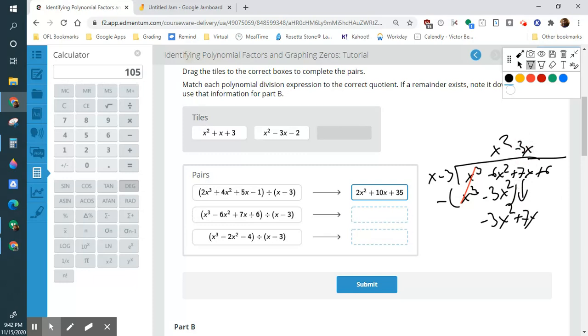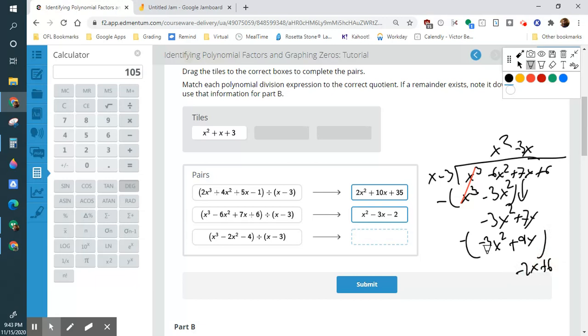So right off the bat, I know that my answer is going to be this one because it's multiple choice, but we still need to figure out the remainder. So this becomes negative 3x squared. Negative times a negative is a positive 9x. Subtract it out, I get negative 2x plus 6.